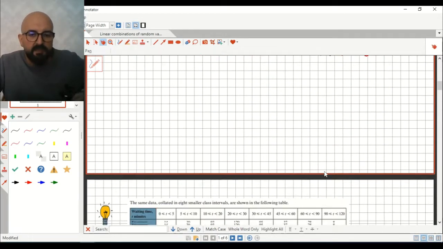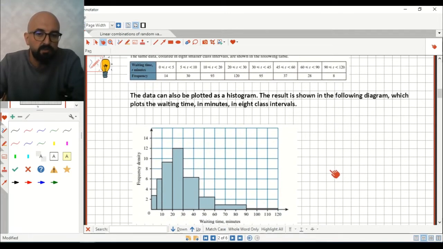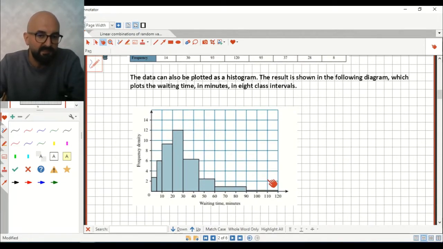But if we use smaller class intervals, for example, instead of between 0 and 30, 0 and 5, between 5 and 10, between 10 and 20, between 20 and 30, our diagram becomes like this.